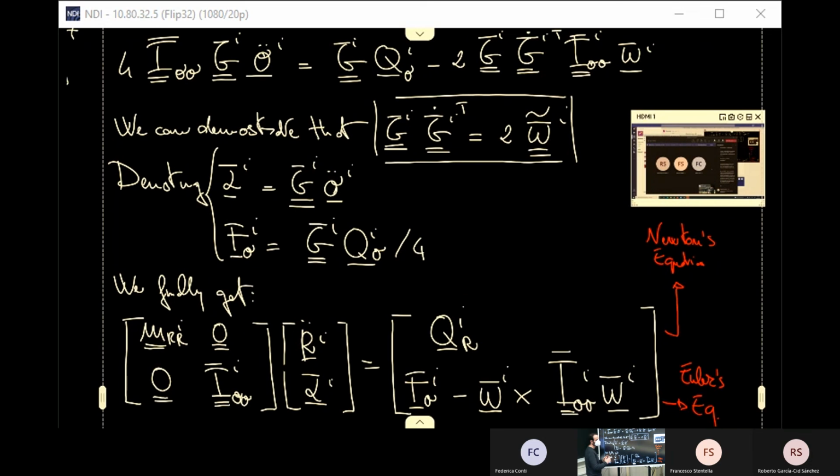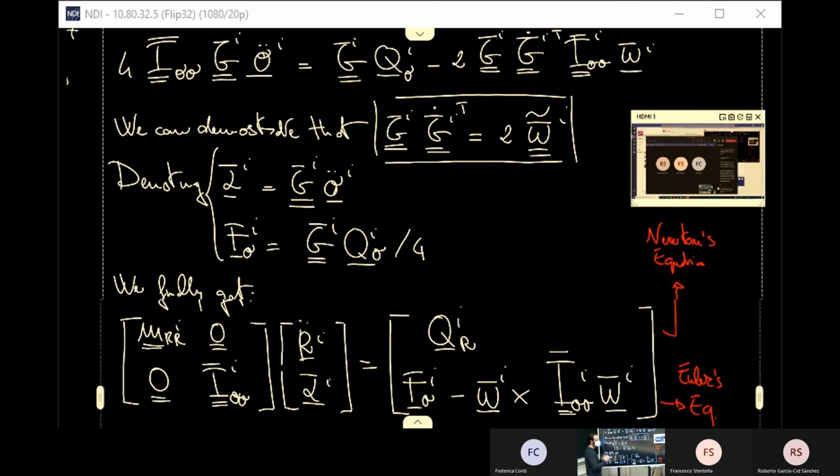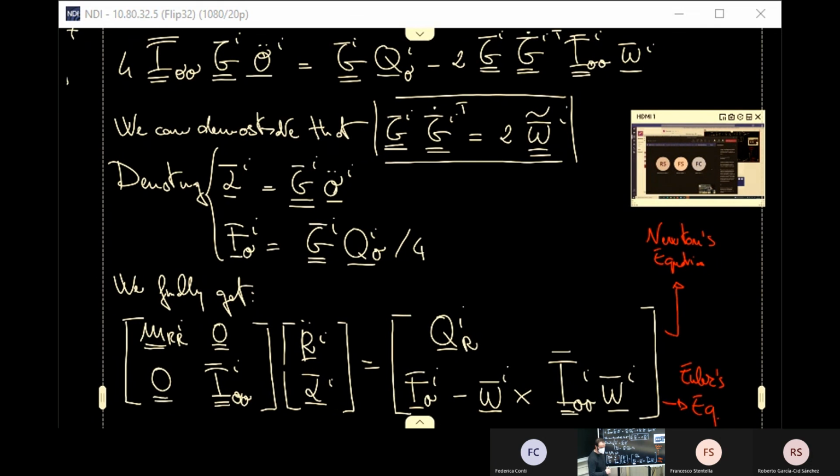Okay, you still even reduce the dimensionality of the problem. But this is something that we will see later on. Okay. That's it.